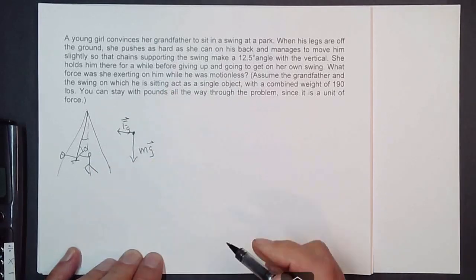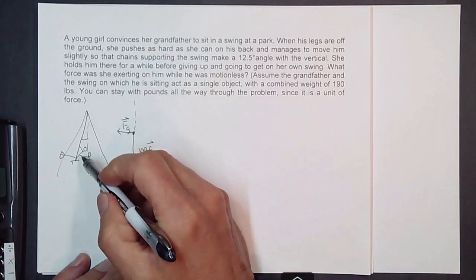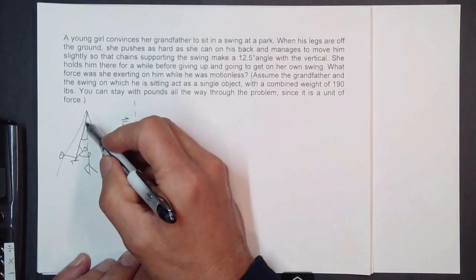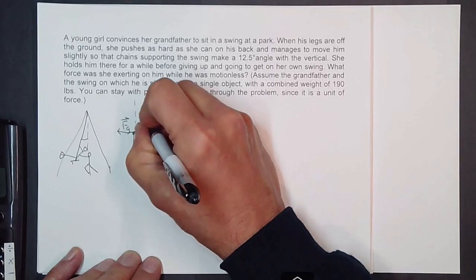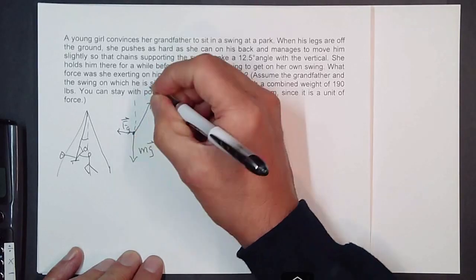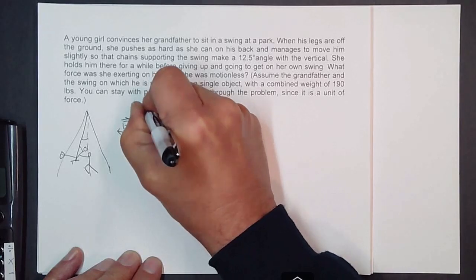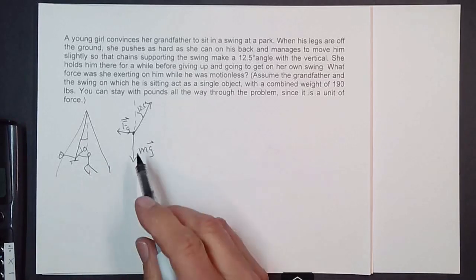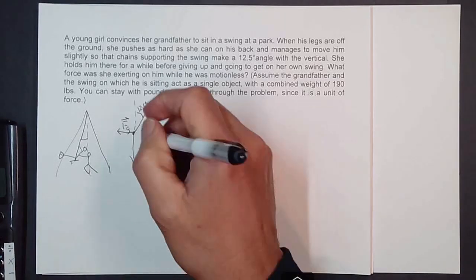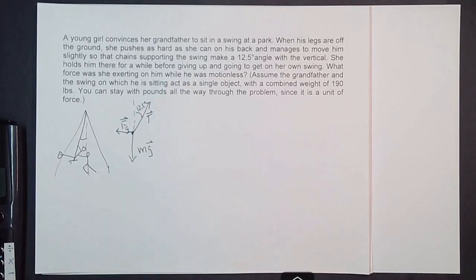She's pushing in that direction, and they're attached by a chain to the top of the swing, and that's going to be up here in a direction of 12.5 degrees. And for a little while, at least until the granddaughter runs off, they're in equilibrium and just sitting there. So let's call that the tension, and we'll just make it like that.